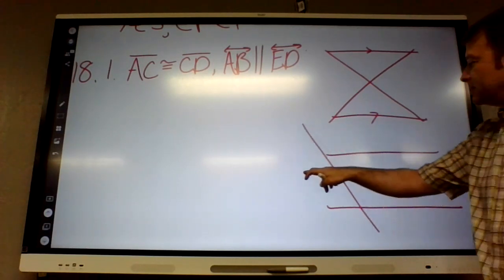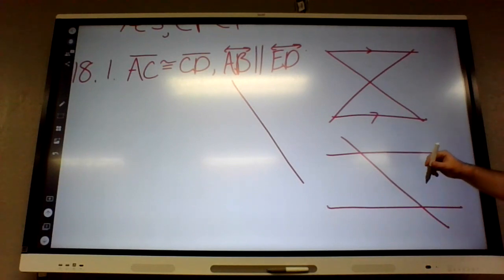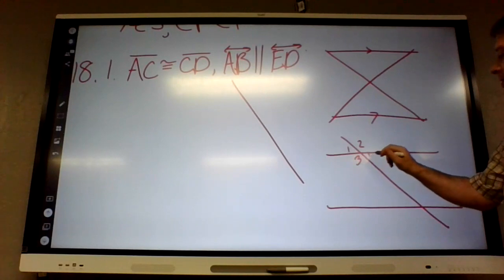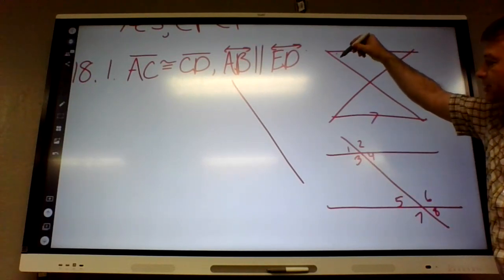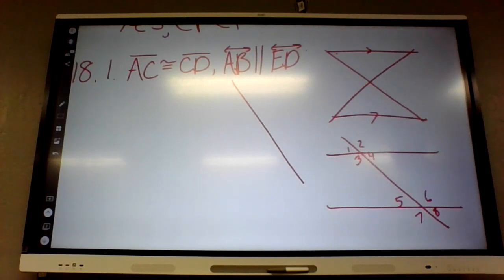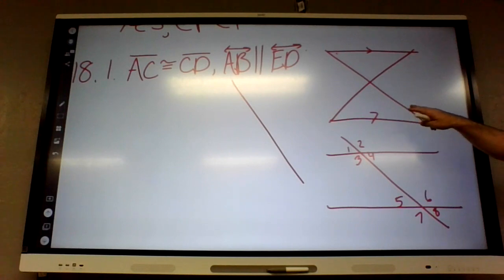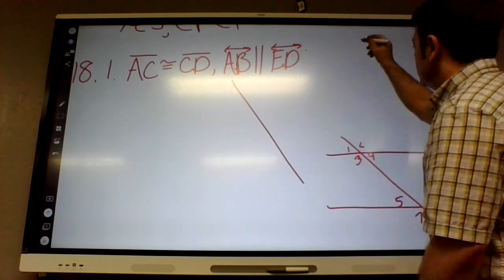Here, let me make it look a little more the same. What does this angle correspond to in this picture? It's 4. Yeah, Paxton got it.